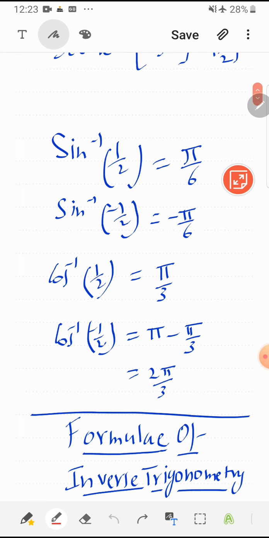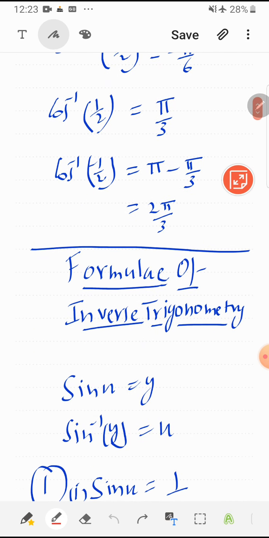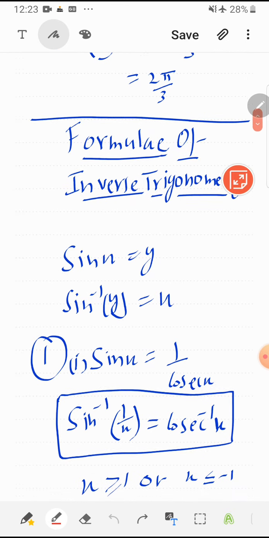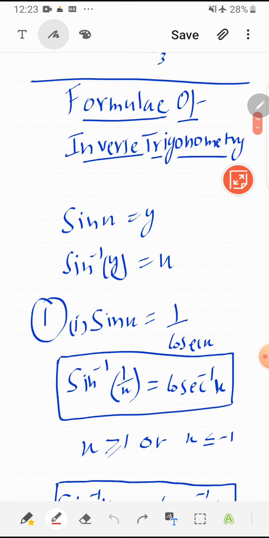Now, results or formulae for inverse trigonometric functions. As inverse trigonometry is a language, whatever formulae we have learnt in +1 trigonometry can be displayed in the form of inverse trigonometry. For example, everyone knows sin x is the reciprocal of cosecant x.